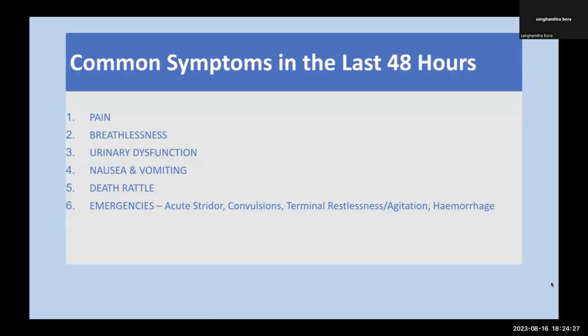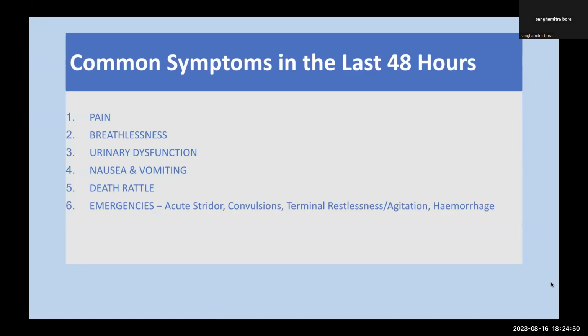In the last 48 hours, for palliative care patients, we see a lot of pain. We see patients with breathlessness, urinary dysfunction, nausea, vomiting, death rattles, and emergencies like stridor, convulsions, terminal restlessness, agitation, hemorrhage.